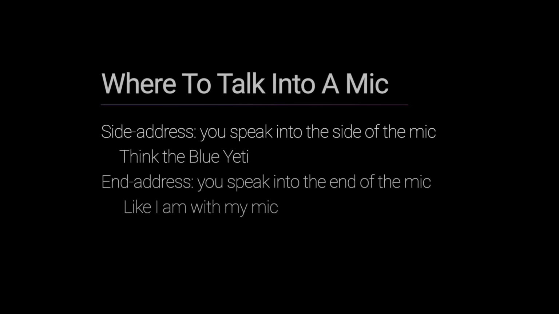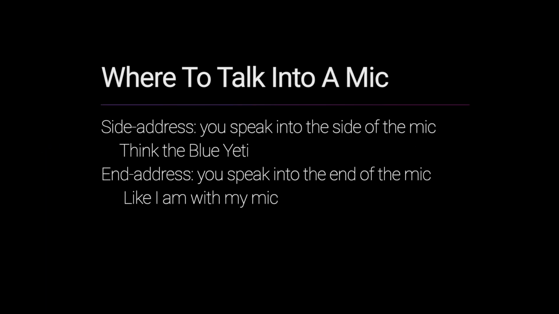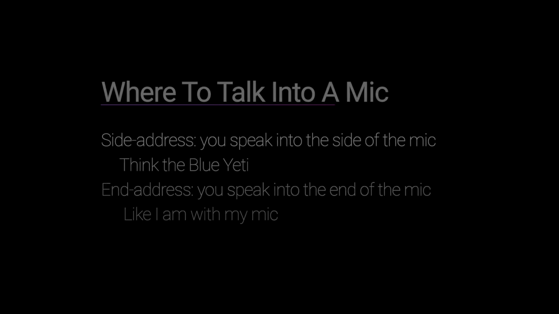If you aren't seeing green, the gain is too low, the mic is too far away, or the person is talking into the wrong part of the mic. Some mics, like the Yeti, you talk into the front of. Other mics, like the one I'm using here, the RE20, you talk into the end of the mic. So it's important to know what that sounds like when someone's talking into the wrong side of the mic.